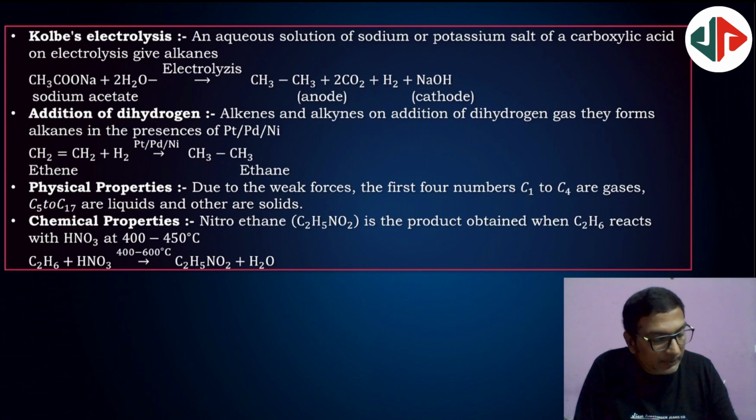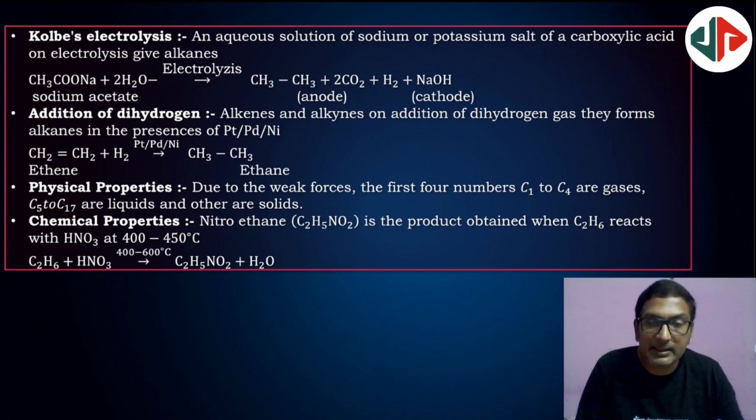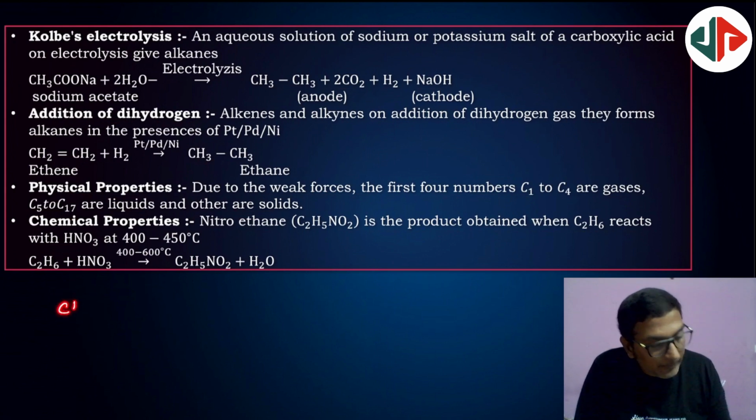Next, chemical properties. Nitroethane is a product obtained when C2H6 reacts in vapor phase nitration. At very high temperature, HNO3 will be in vapor state. So C2H6 gives C2H5NO2, and also we can write CH3 vapor phase nitration.